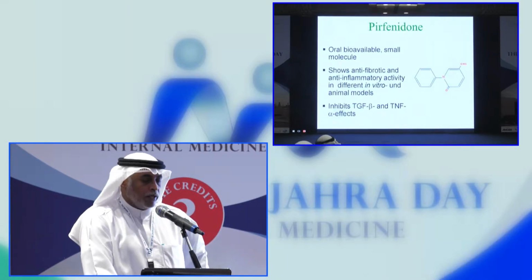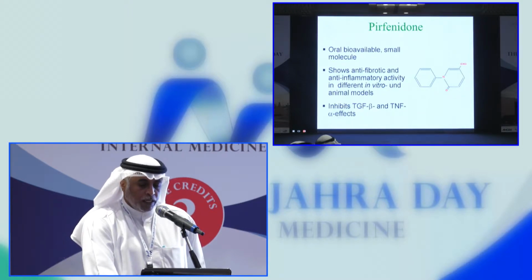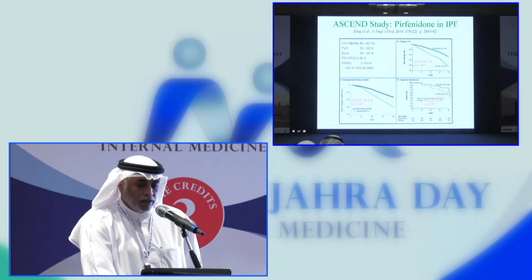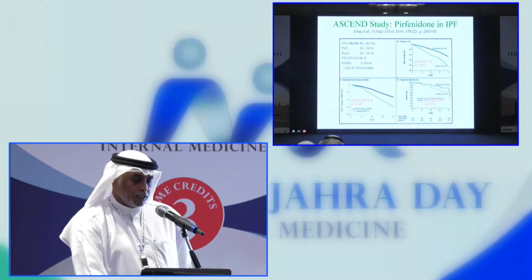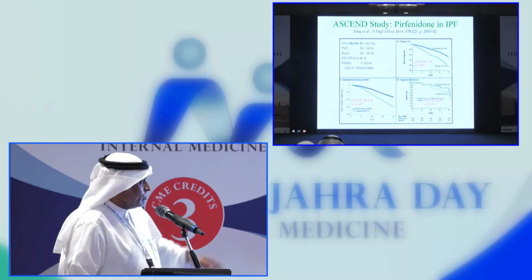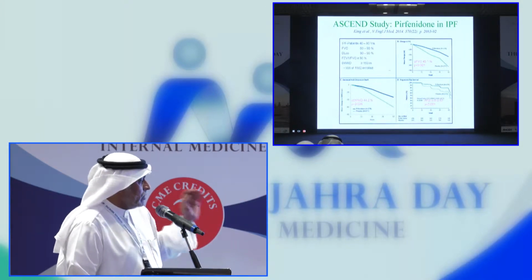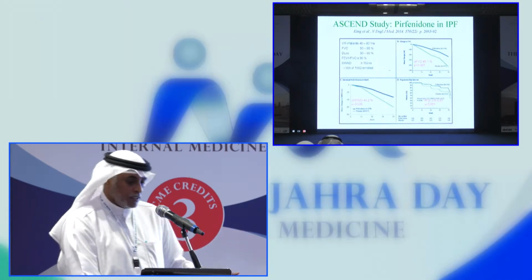Pirfenidone inhibits TGF beta and TNF alpha effect. It has anti-inflammatory and anti-fibrotic effects, and more than 6 trials done on this medication all showed an improvement in lung function, forced vital capacity, progression-free survival, and 6-minute walk test.